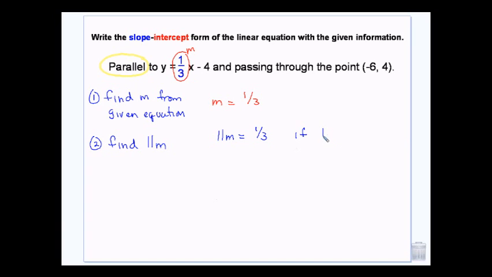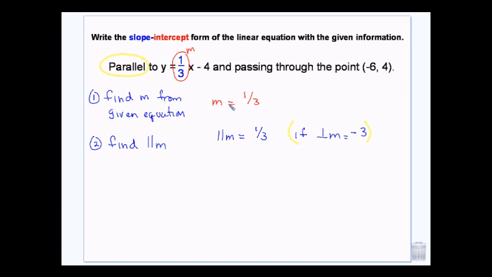If it had been perpendicular, we would be using negative 3. We're not using that, but I'm just saying, if they're asking for parallel, our m's are the same. If they're asking for perpendicular, you flip it over and change the sign. So this is just a little side note. We don't need it for this problem.